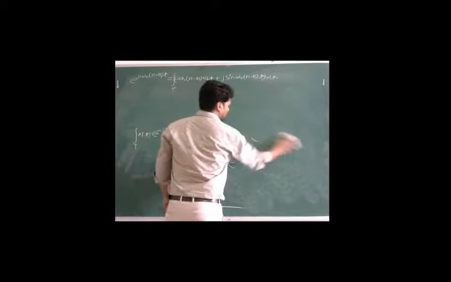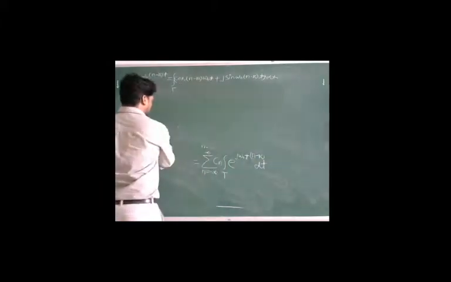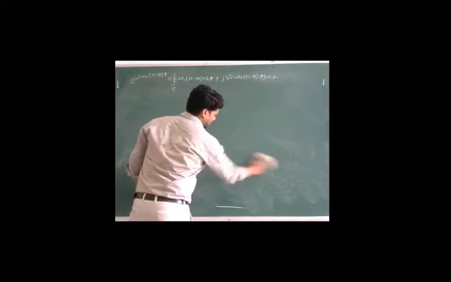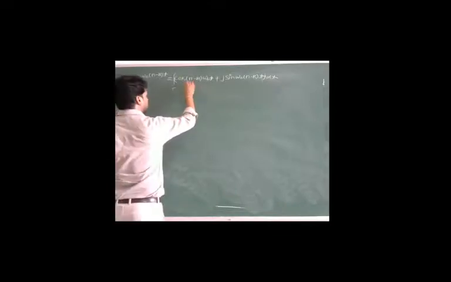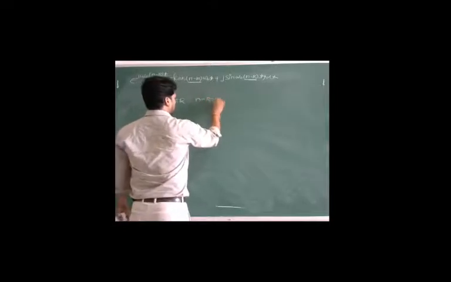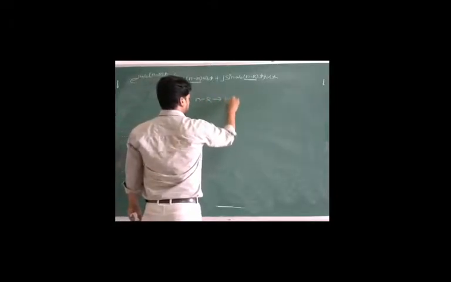Condition 1: when n is not equal to k, then n minus k will be an integer.